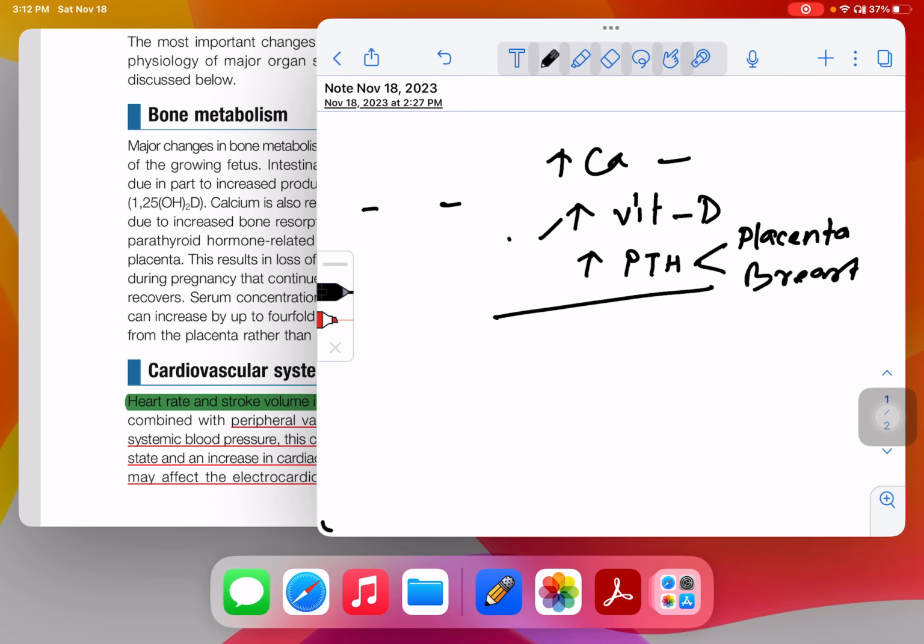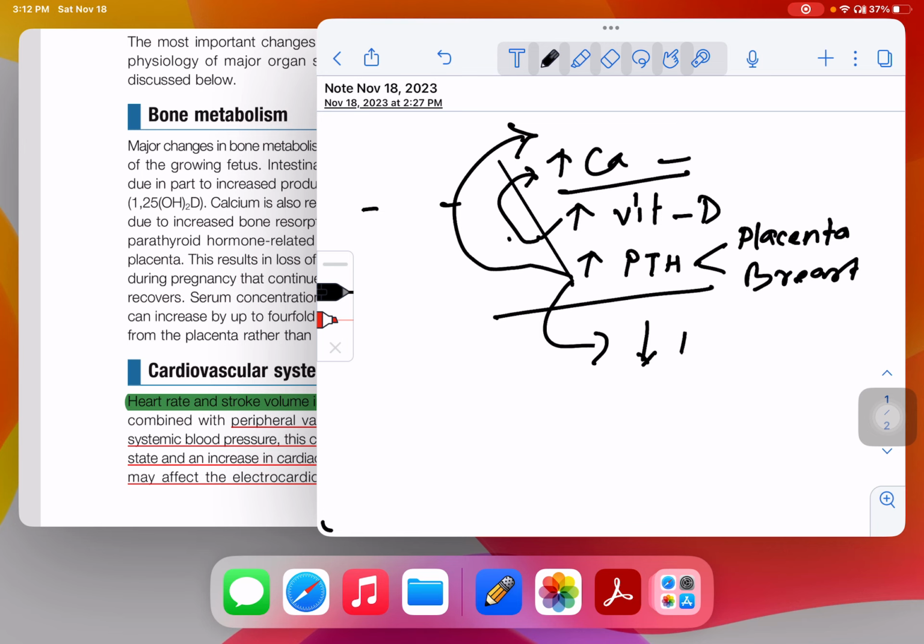So vitamin D causes increased calcium reabsorption, and parathyroid hormone causes bony resorption resulting in hypercalcemia, and ultimately there is decreased bone mass, skeleton destruction in the maternal body.